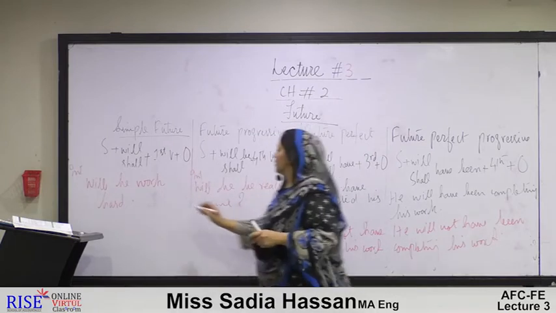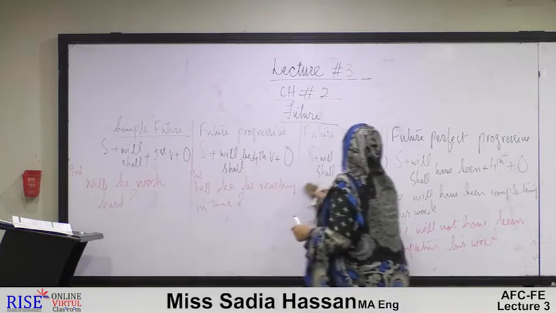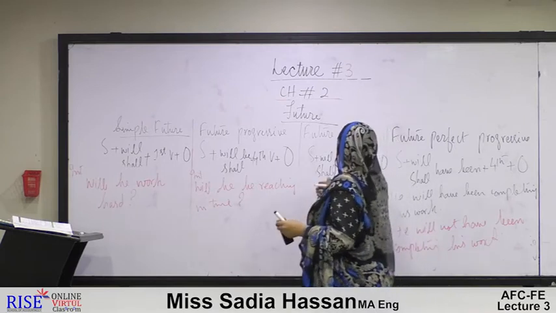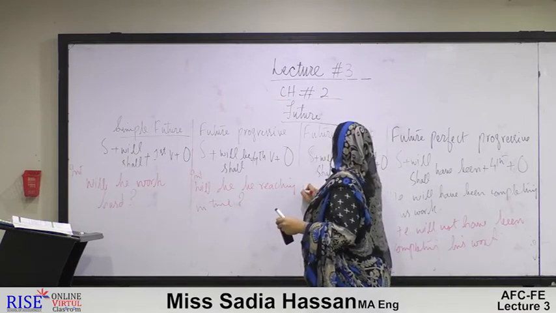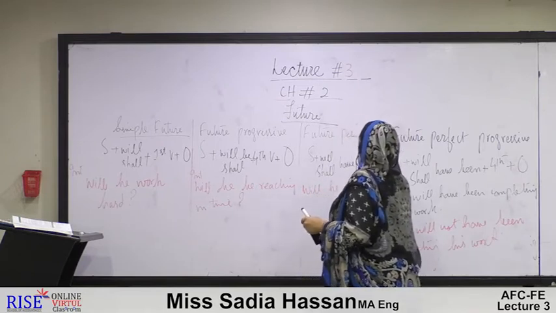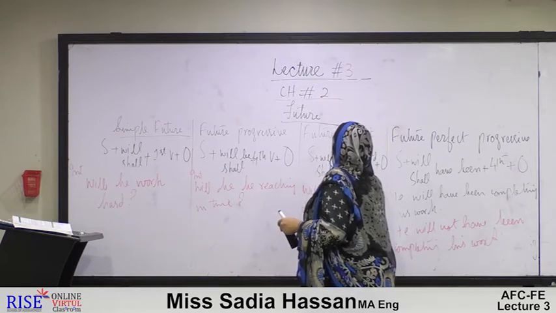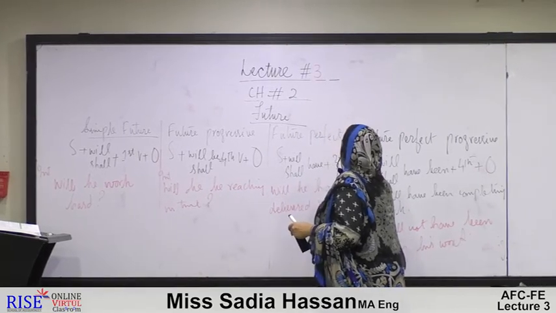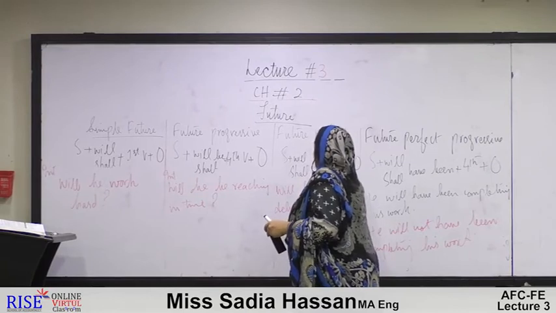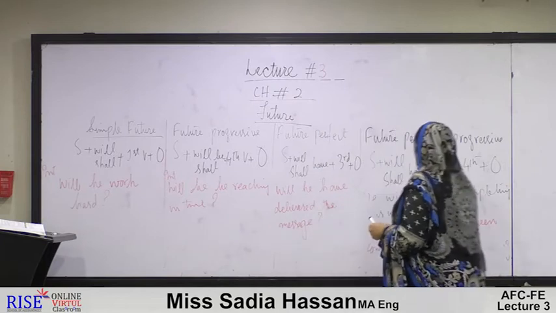Again, the use of the sign of interrogation at the end. For future perfect, the construction would be like: will he have delivered the message? Sign of interrogation at the end.